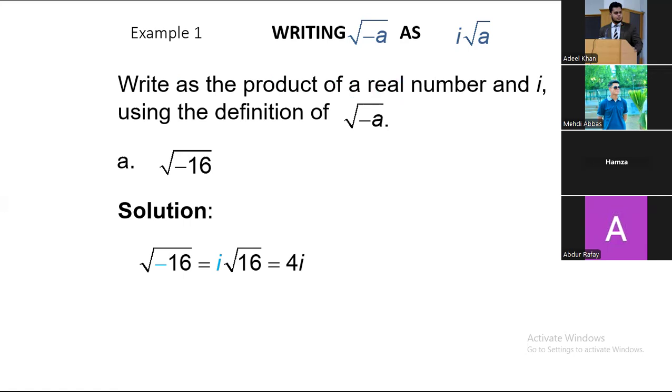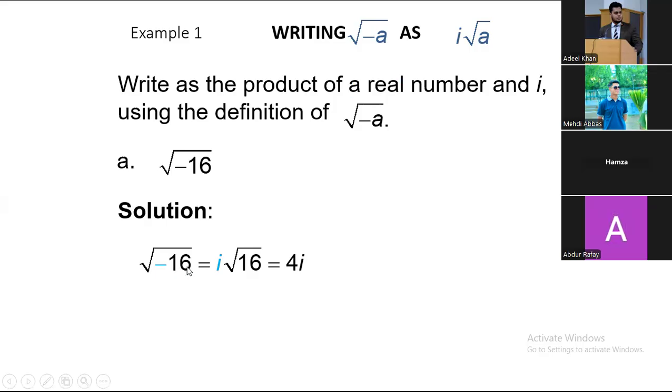For example, write as the product of a real number and iota. The expression we discussed in the previous slide, square root of minus a, takes the form square root of minus 16.